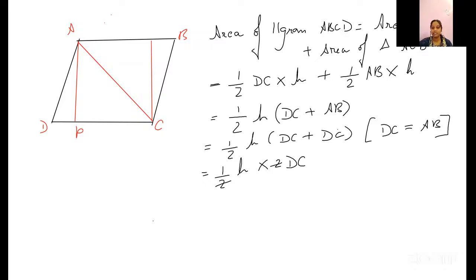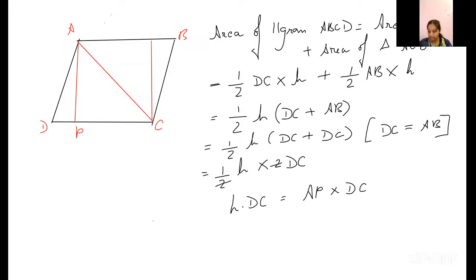So what remains? H into DC, equals AP into BC. What are AP and BC?